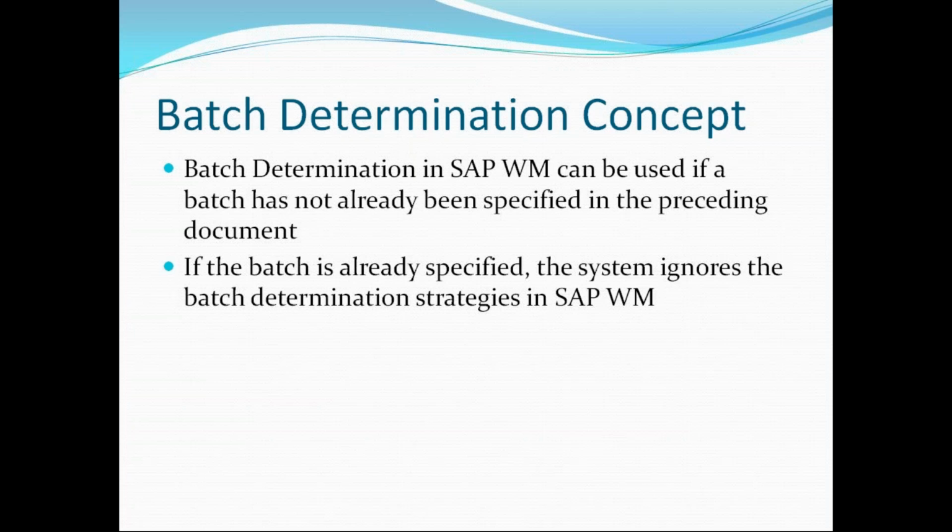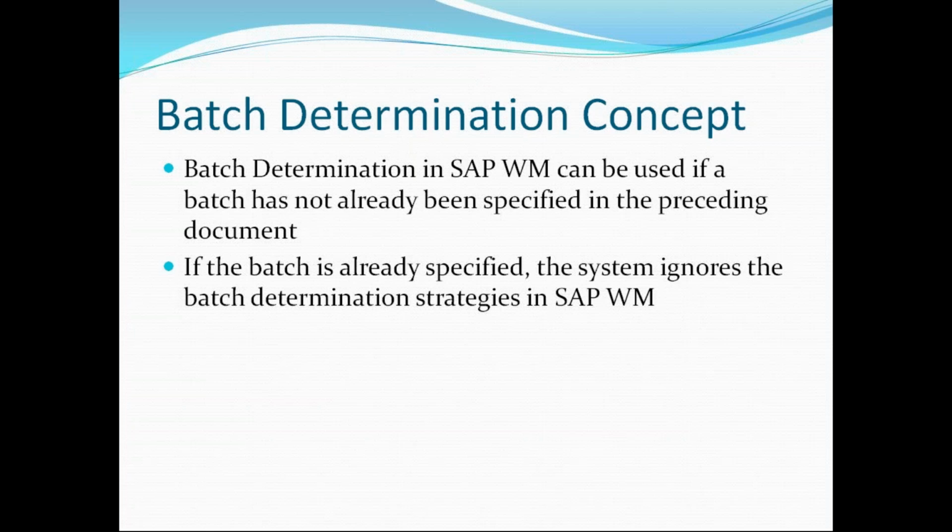Once the outbound delivery is created, system will try to get the transfer order. So while creating the sales order or outbound delivery, if we specify the batch, system will not check for the batch determination strategy that is required for the picking activities.